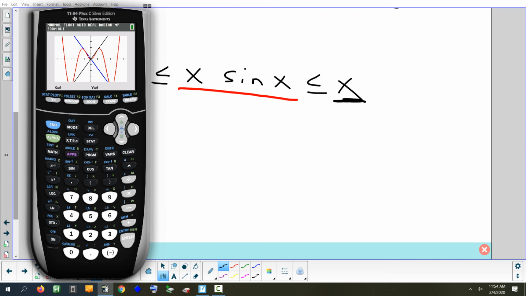So I'm going to do zoom 3. Hit enter. It's just going to zoom out. So there's the left. Now we can see it a lot better. There's x sine x. And here's the right, y equals x.